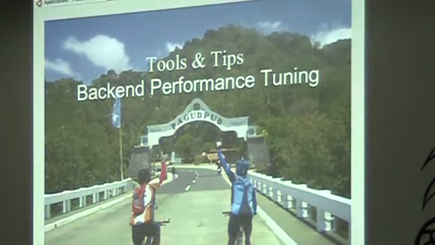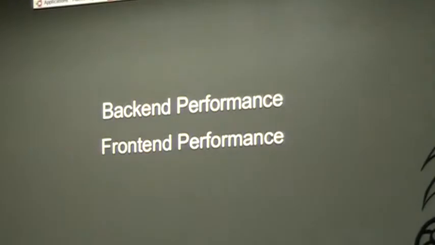When you think about performance, we usually think about back end and front end. It's all about how smoothly everything works together, how fine-tuned it is. But this is Ruby, right? So Ruby's not really that fast.